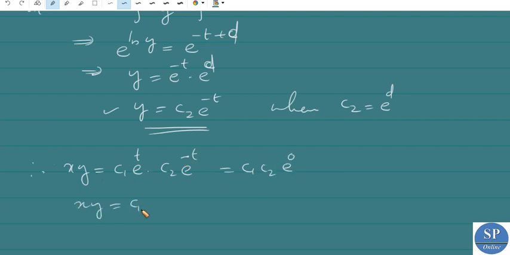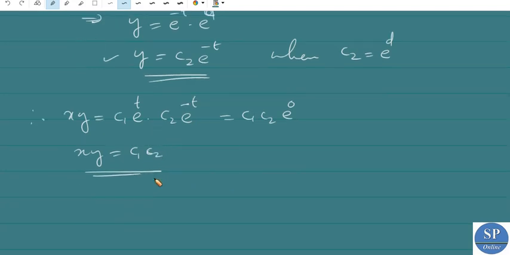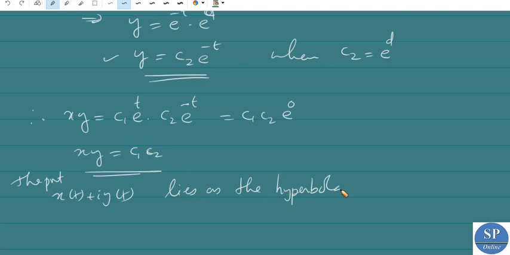That is xy equal to c1 into c2, where xy is a constant. So these are the streamlines, which means that the point x of t plus i y of t lies on the hyperbola xy equal to c1 c2.